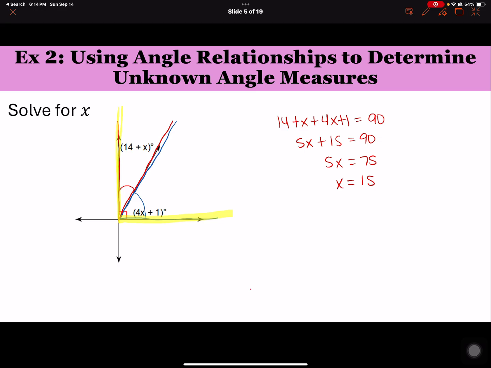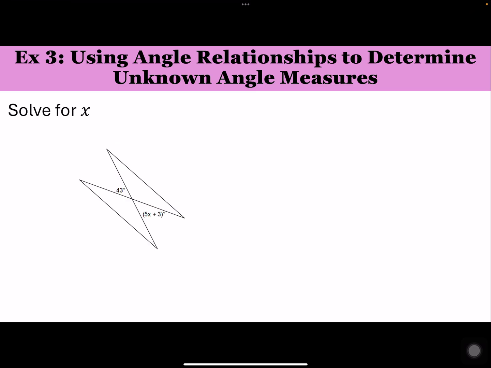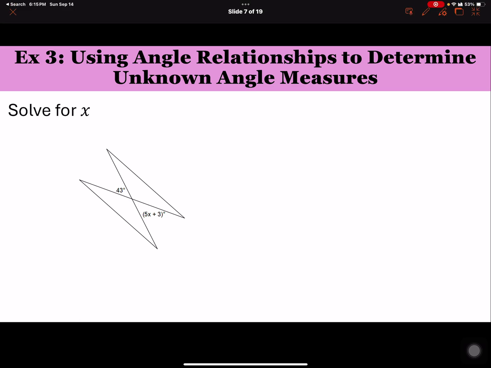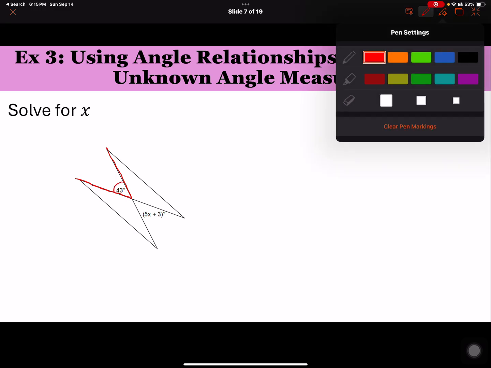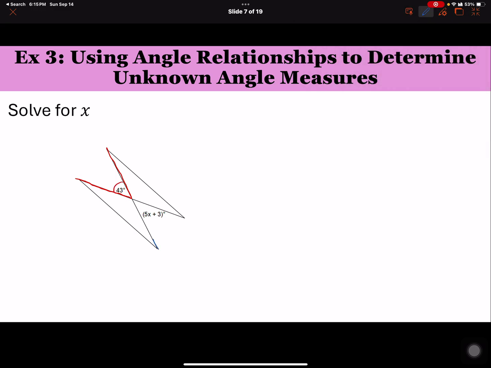All right, and here is our next example. Go ahead and think about how you would set up this problem. If I trace my angle 43, here's angle 43. And if I trace my angle 5x plus 3, here is that angle.